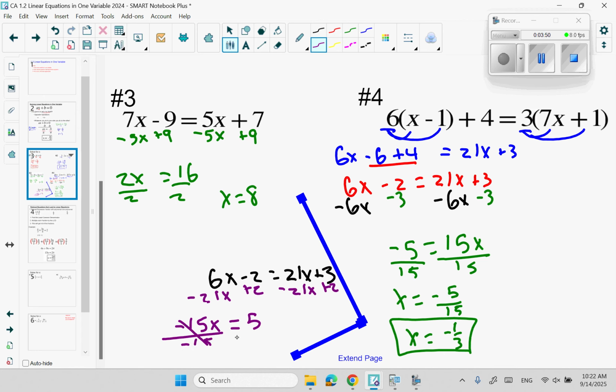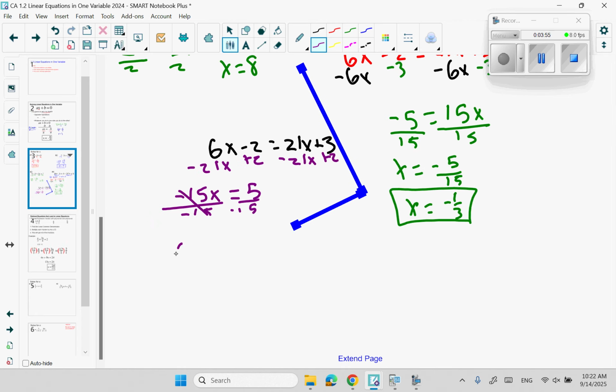Divide by negative 15, divide by negative 15. We get x equals negative 5 over 15, which simplifies down to, again, negative 1/3. So the arrangement doesn't matter as long as you are following good math rules there.